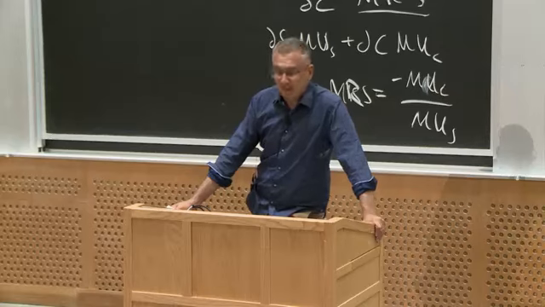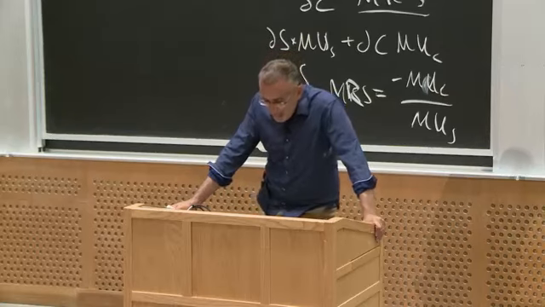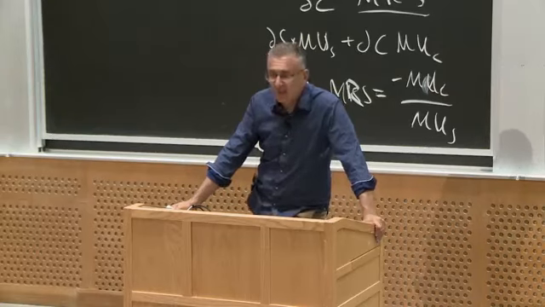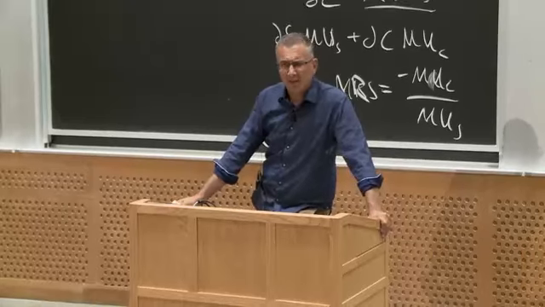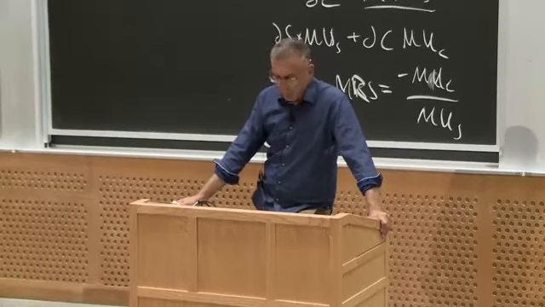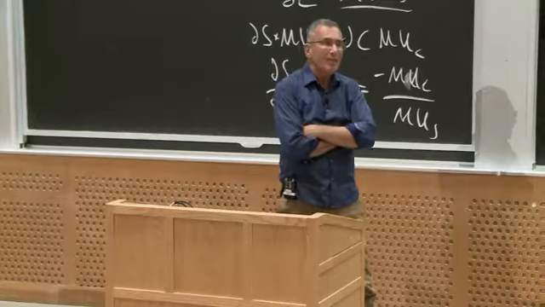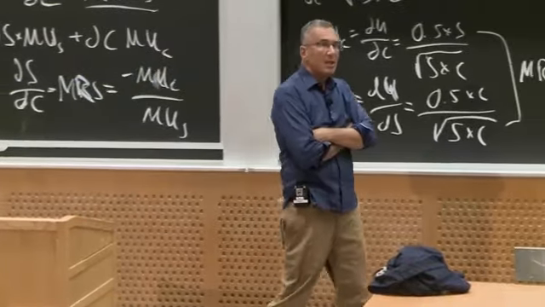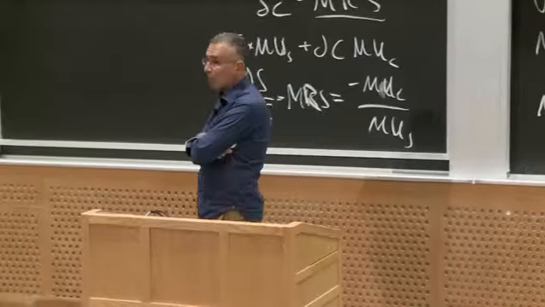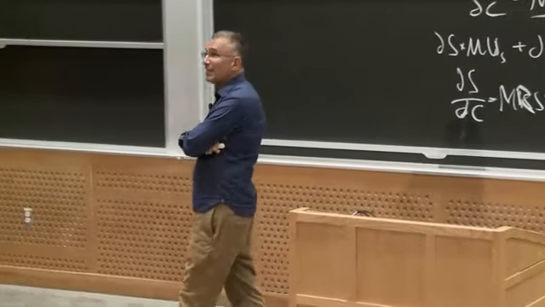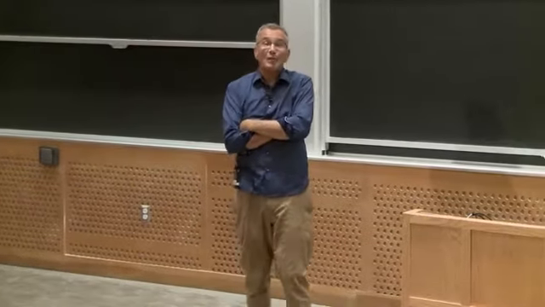So you really wouldn't give up much pizza to get a cookie. And yet, when you're down to 7 cookies and 4 slices of pizza, you give up almost 2 slices of pizza to have a cookie. It doesn't make sense. Why would you give up more pizza when you have less pizza? When you already have 8 slices of pizza, why are you less willing to give up pizza for a cookie than when you have fewer slices of pizza and more cookies? It doesn't make sense.